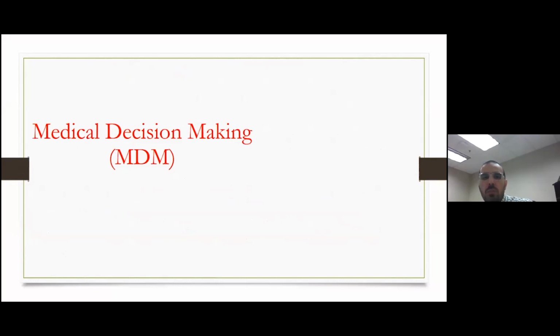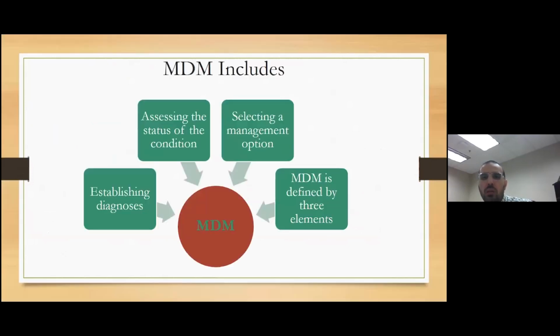So for medical decision making, there are three levels that we look for when making decisions and establishing the diagnosis. You listen to the patients and you diagnose them with depression or diabetes. That is one thing: you establish a diagnosis. And then you decide to run an A1C and get creatinine to see how bad their diabetes is.